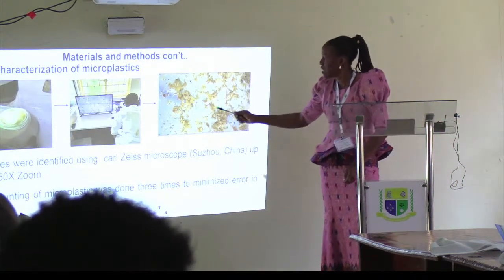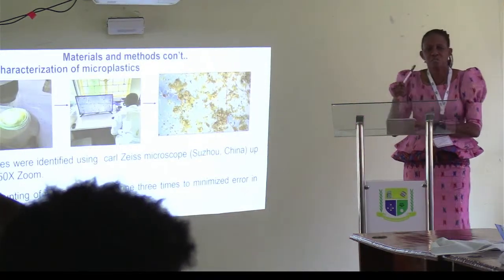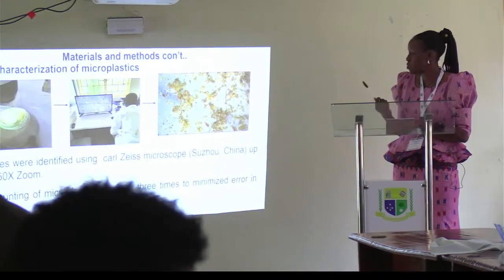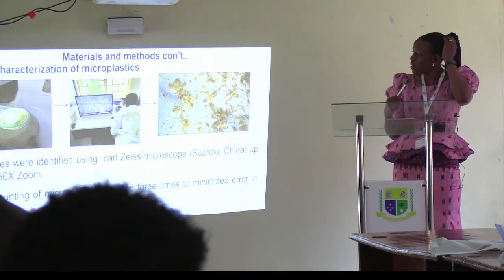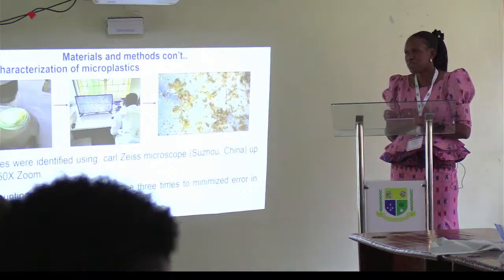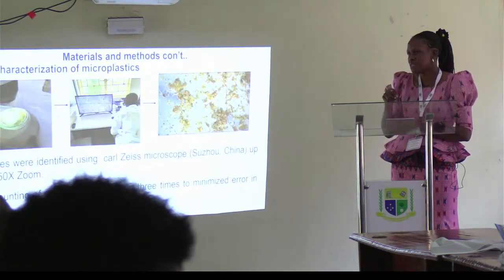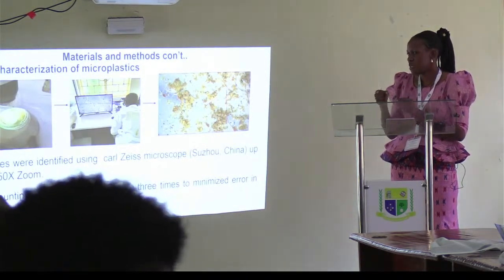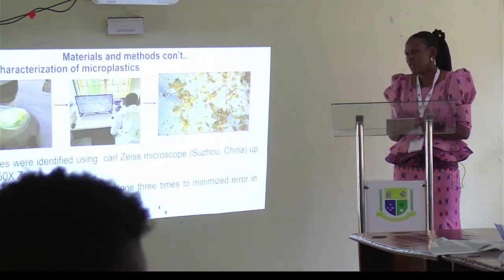And of course, under the microscope, you have to count each of them individually, because these microplastics are of different forms. It could be a film, it could be a fragment, and then also foam. And then you also have to make sure that you're not using a wrong identification. Sometimes we also perform what we call a hot needle test. If it is a plastic, you find that it is going to respond to the heat, but if it is just a piece of cloth, the heat is not going to have any effect.